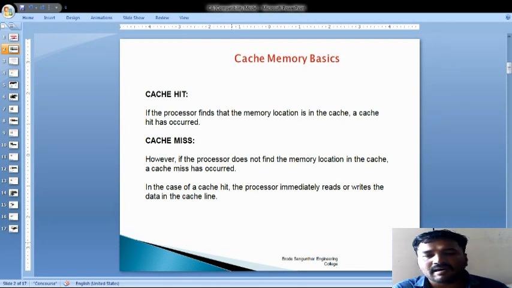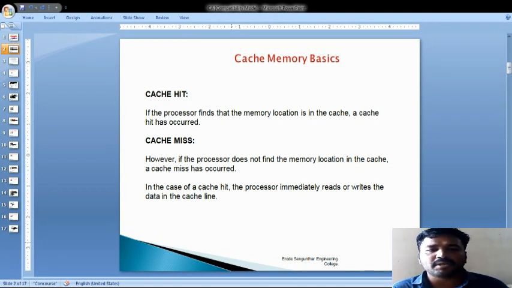Whenever we ask like this, the request will first go to the main memory. The processor will search whether it is present in the main memory or not. If it is not present in the main memory, it will ask the cache memory. The cache memory will find whether the particular data is present in itself or not. If the memory location of the requested file is present inside the cache, then it is considered a cache hit.